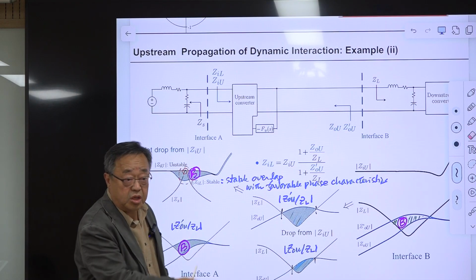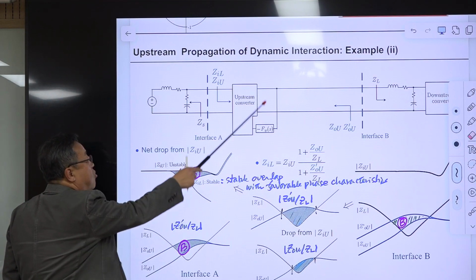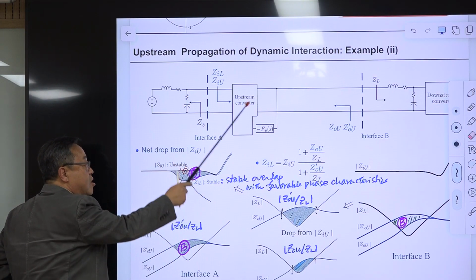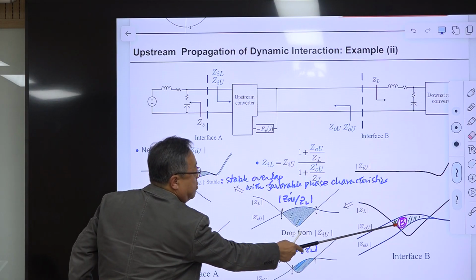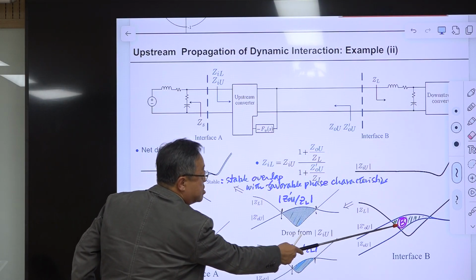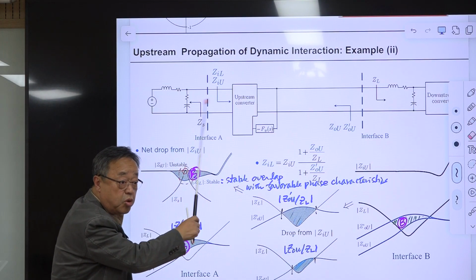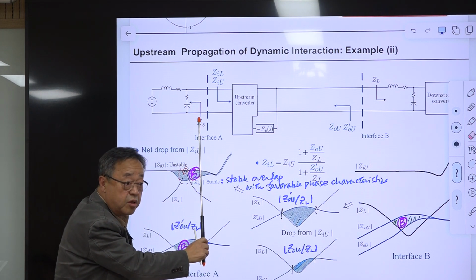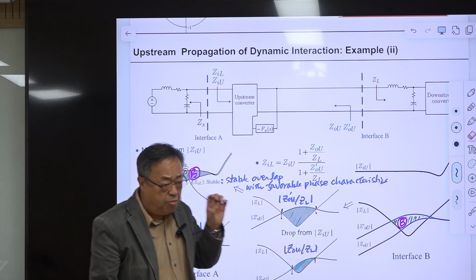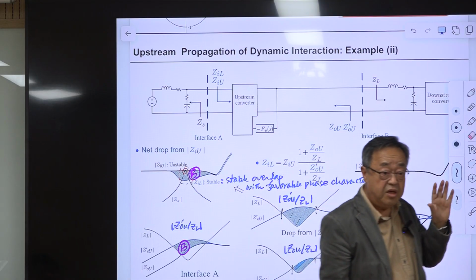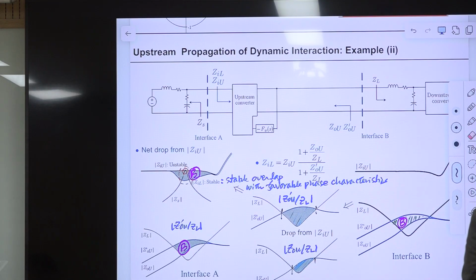This can occur depending on the topology and the control of this converter. This is the voltage mode control case, and the previous one was the current mode control case. That is very complicated to predict.